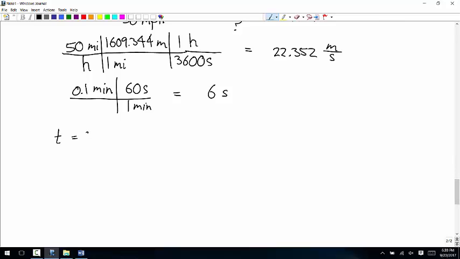And now time equals 0 is when the car hits the brakes. Time final is when it stops, reaches rest.